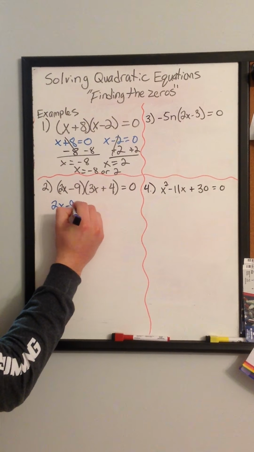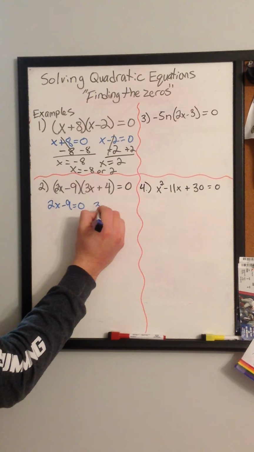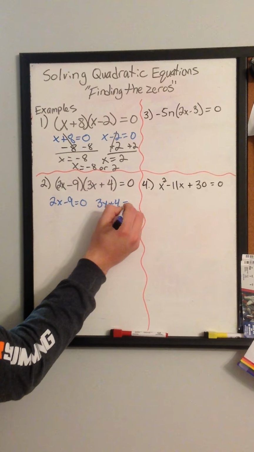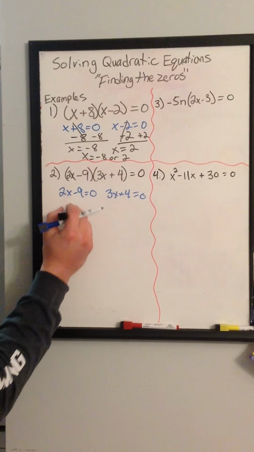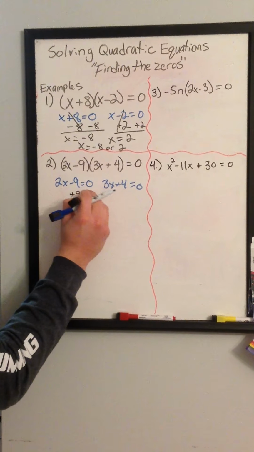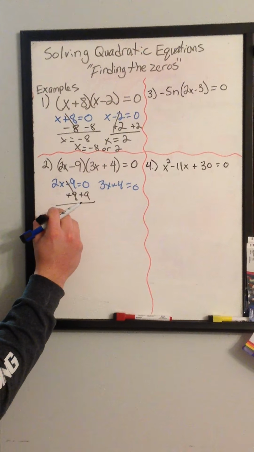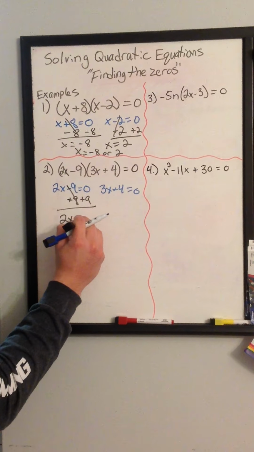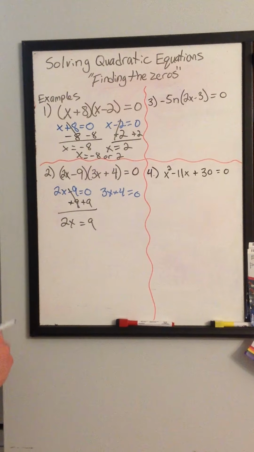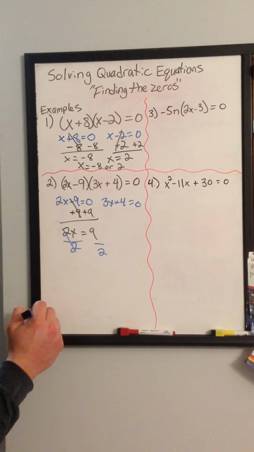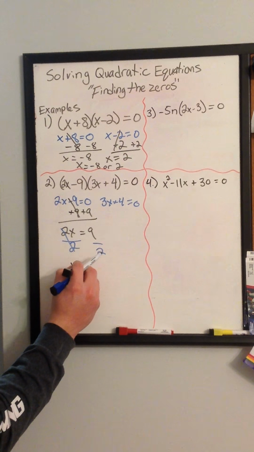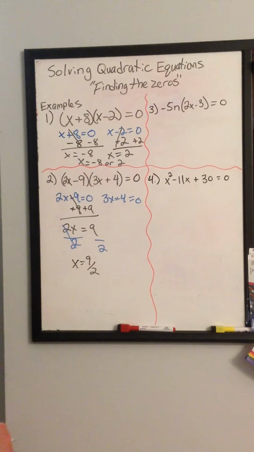So we have 2x minus 9 is equal to 0, and we have 3x plus 4 is equal to 0. Same idea as before, we're going to solve for x. In this case, we're going to add 9 to both sides, giving us 2x is equal to 9. Then we're going to divide both sides by 2, giving us that x is equal to 9 over 2.